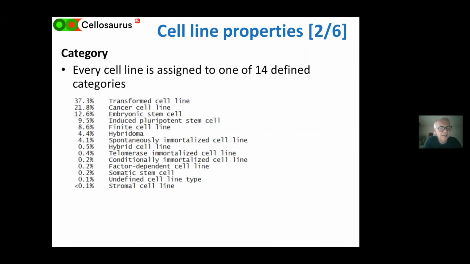Here's a list of those categories that we defined, and what percentage of Cellosaurus entries belong to each category. You see transformed cell line and cancer cell line are the highest, followed by embryonic stem cell, induced pluripotent, and so on. The first 6 or 7 are the most frequent. The rest are more anecdotal.